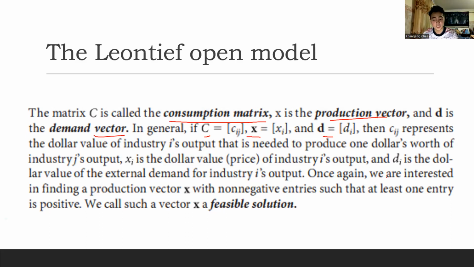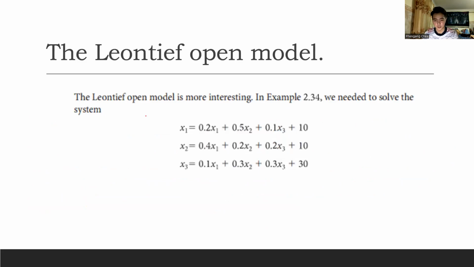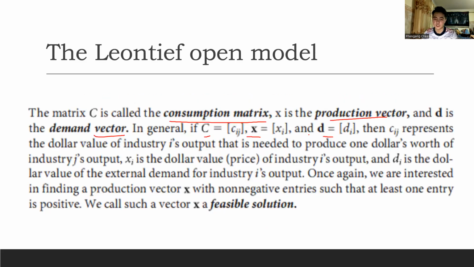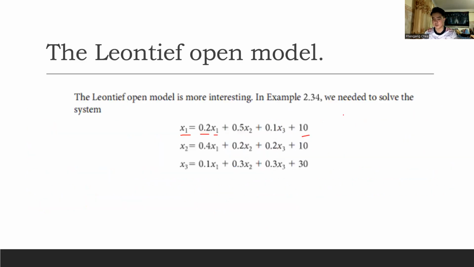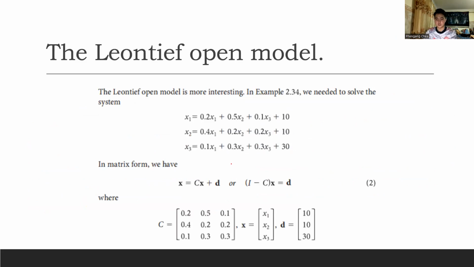Once again, we are interested in finding the production vector X with non-negative entries, such that at least one entry is positive. So this is the example. We have X here. This is the C, also X. This is the D. The D is equal to the demand vector. C is the consumption, and X is the production vector. Here, as you can see.